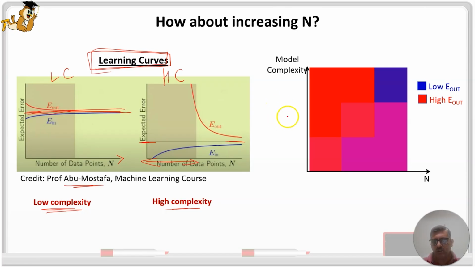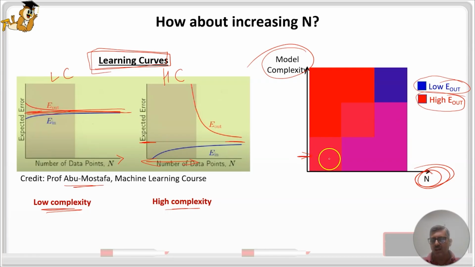So that is what these learning curves show us. I have tried to sketch this with a grid on a graph, where on the x-axis I am plotting n, on the y-axis I am plotting the model complexity. Blue colors represent low Eout, red colors represent high Eout, and what I am saying is that for low complexity models you will begin with certain error, and that error may slightly improve as you increase n, but that error is going to sort of stay with you.